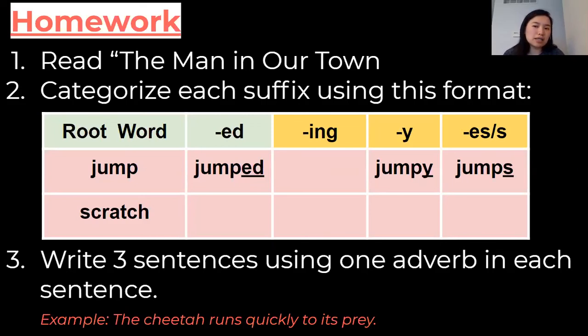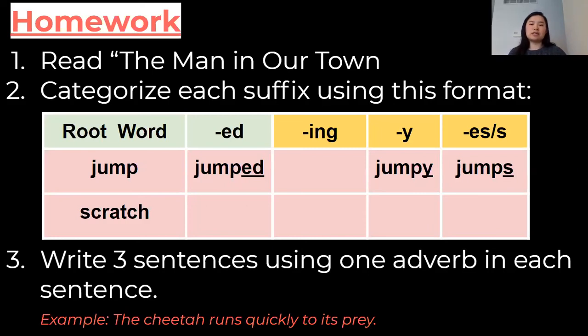So you're going to look at that and see what exactly would be the right suffix for scratch. So they, in the reading, are going to provide you with the ED one, but then it's up to you.